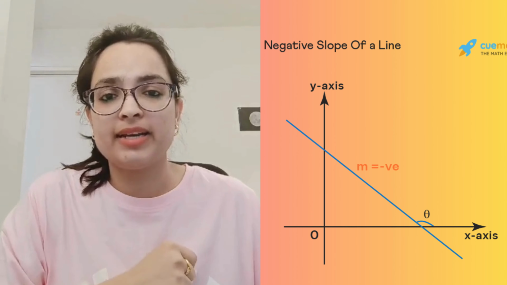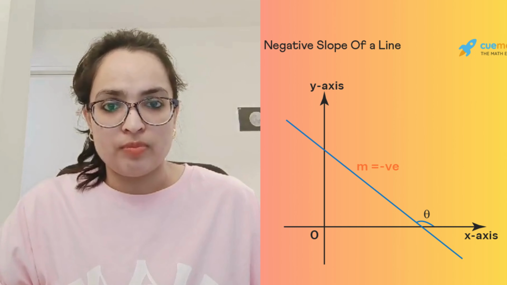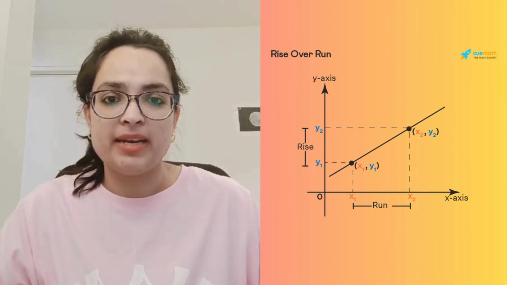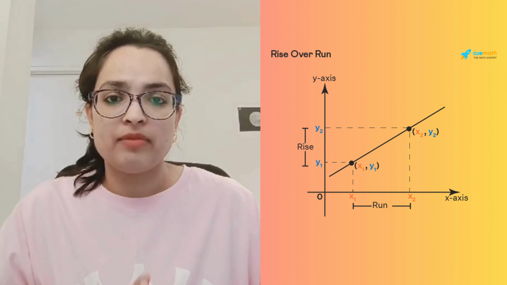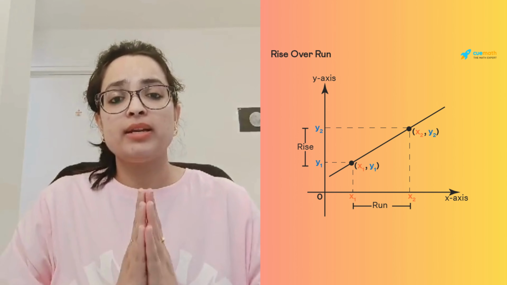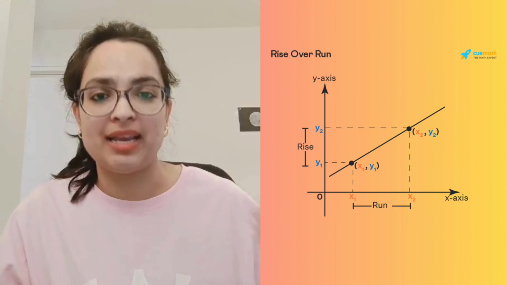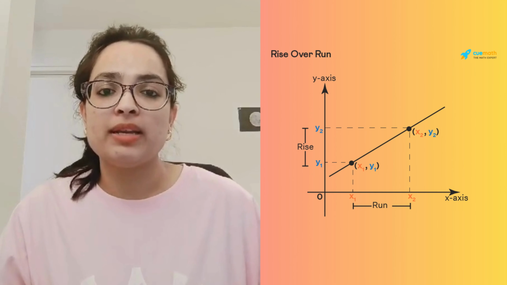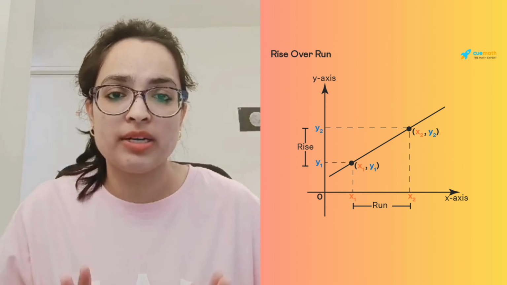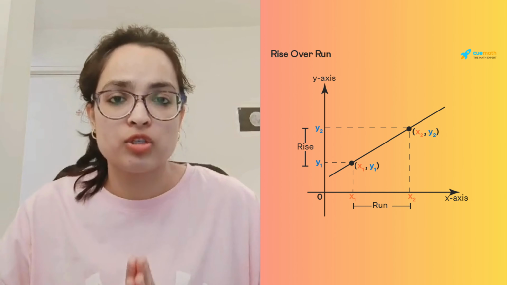Now, why it's negative, I'm going to explain now. The actual formula for slope, as we have discussed many times now, is y2 minus y1 over x2 minus x1. Now, what is y2 minus y1? y2 minus y1 is the difference between the y coordinates, and it's also known as rise. x2 minus x1 is the difference between the x coordinates, and it's also known as run. So the new formula for slope that we have in the picture is rise over run.